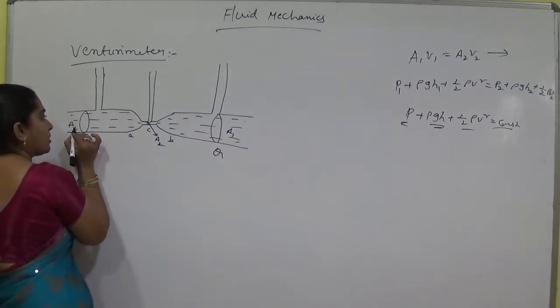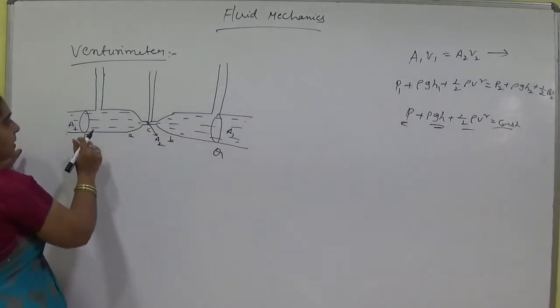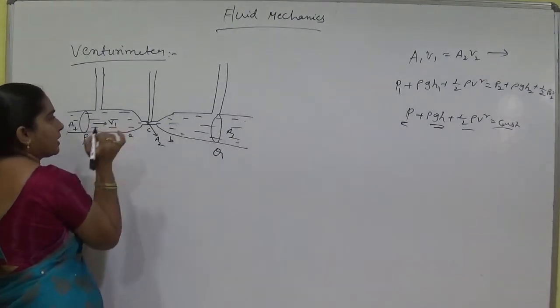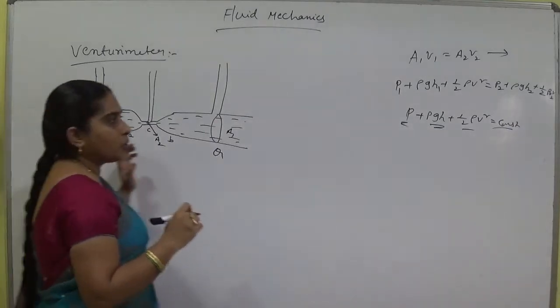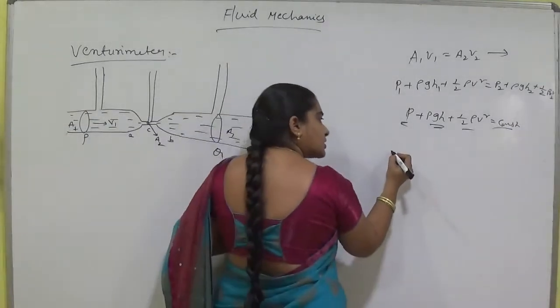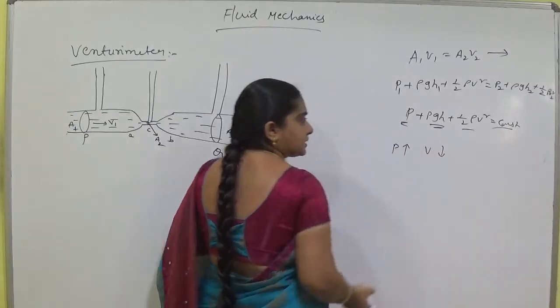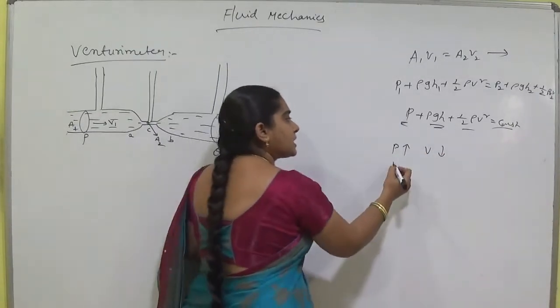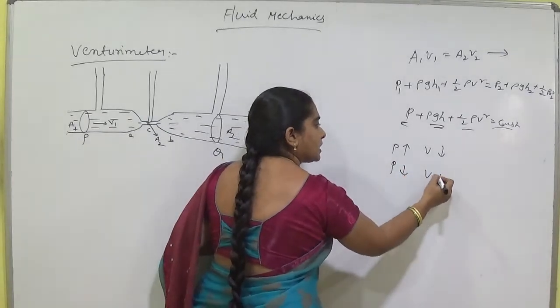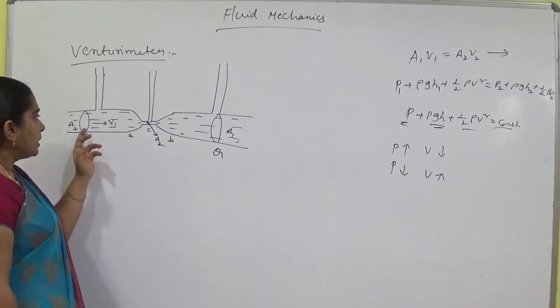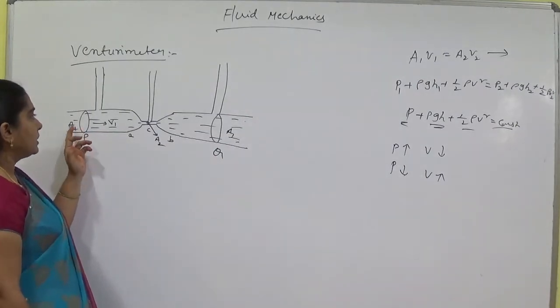At area of cross section A1, the velocity is V1. According to Bernoulli's theorem, when pressure increases, velocity decreases; when pressure decreases, velocity increases.